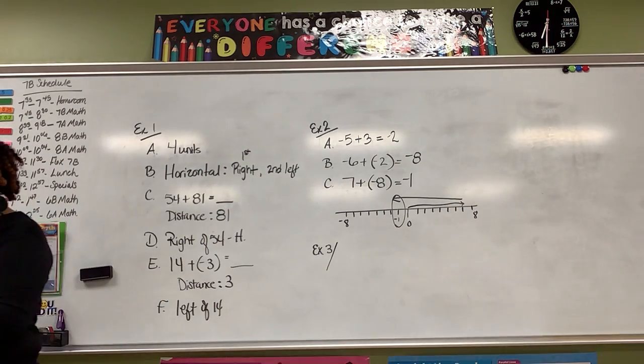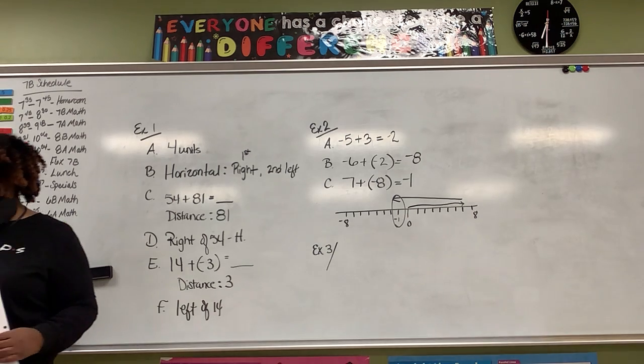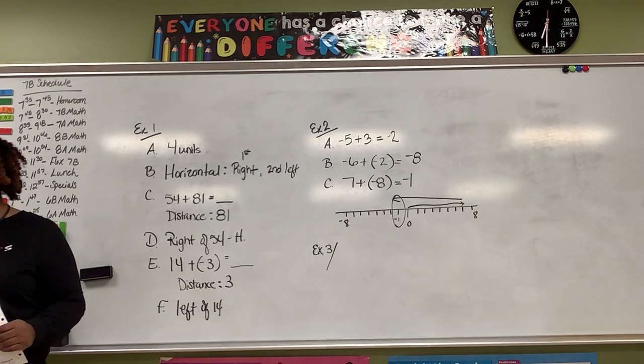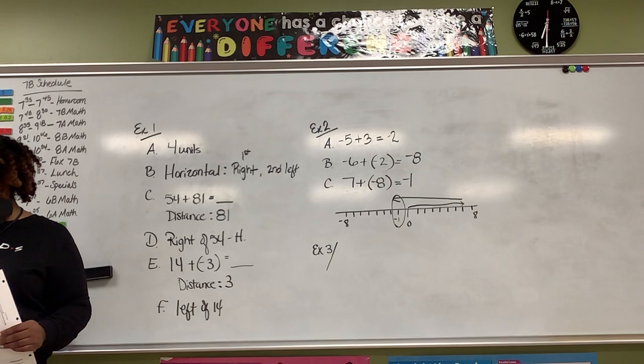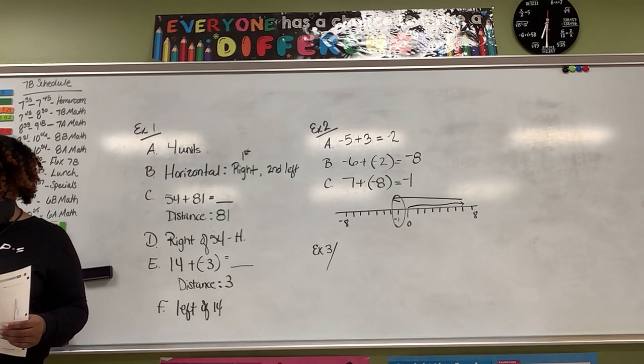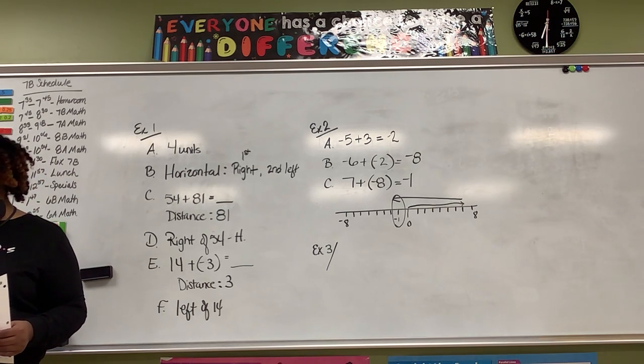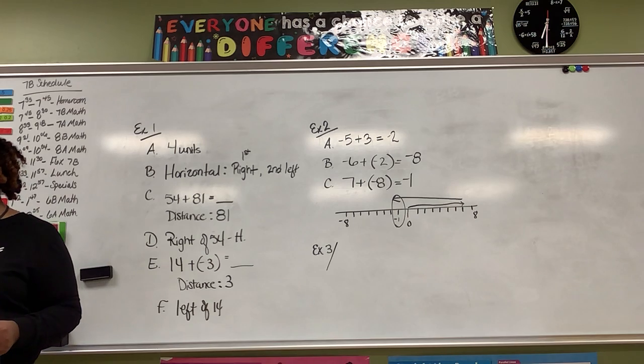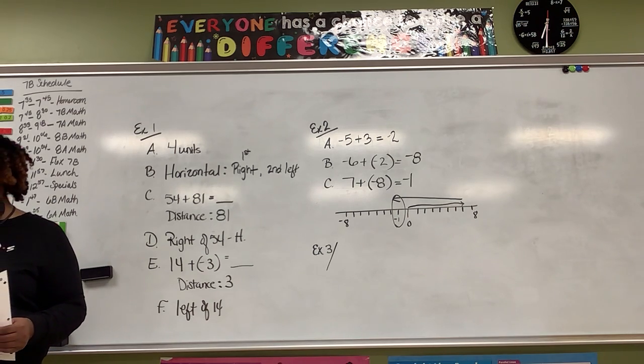Let's look at example 3. It says, write an equation and using the number line, create an arrow diagram given the following information. The sum of 6 and the number, and the number is 15 units to the left of 6 on the number line.